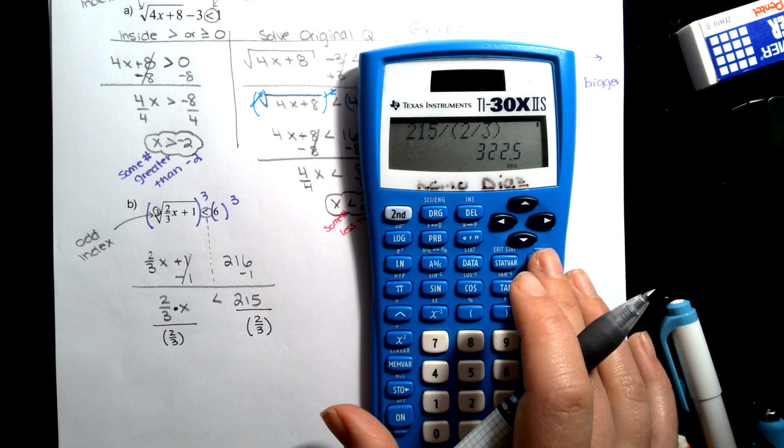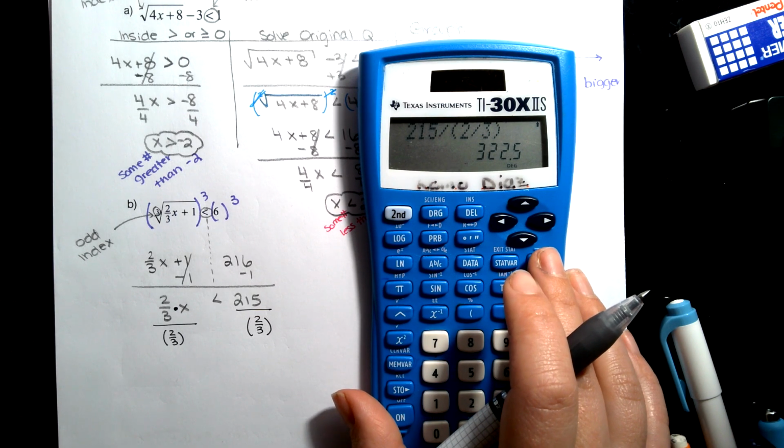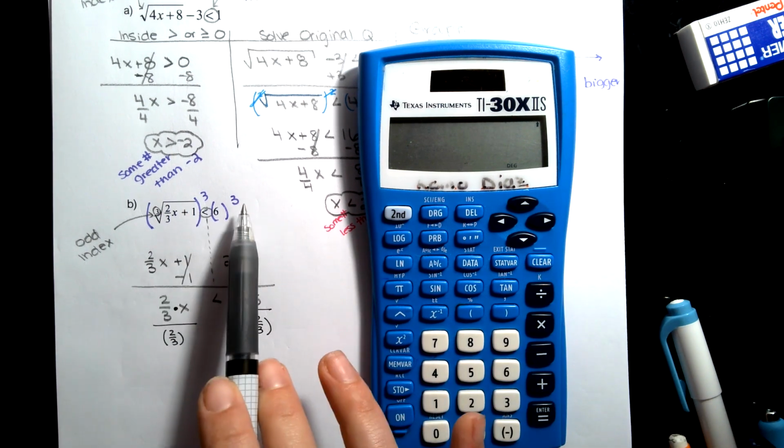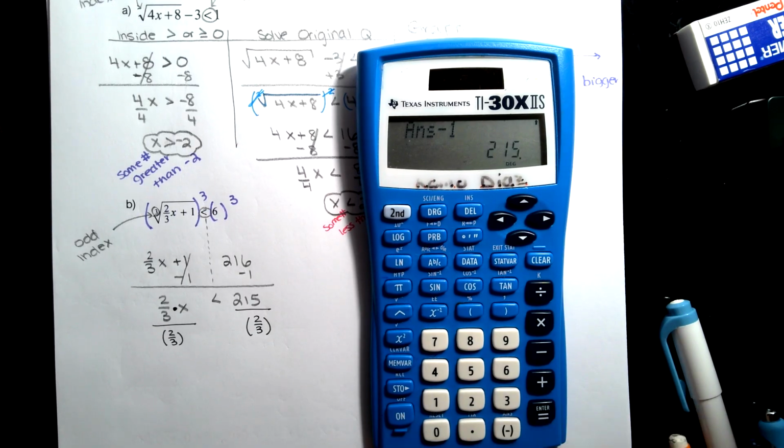Hold on. It shouldn't be icky. It should be pretty. So why is it not working? Hold on a minute. Let's see what we have. Make sure I copied it down right. 6 caret 3, that's 216 minus 1, that's 215.